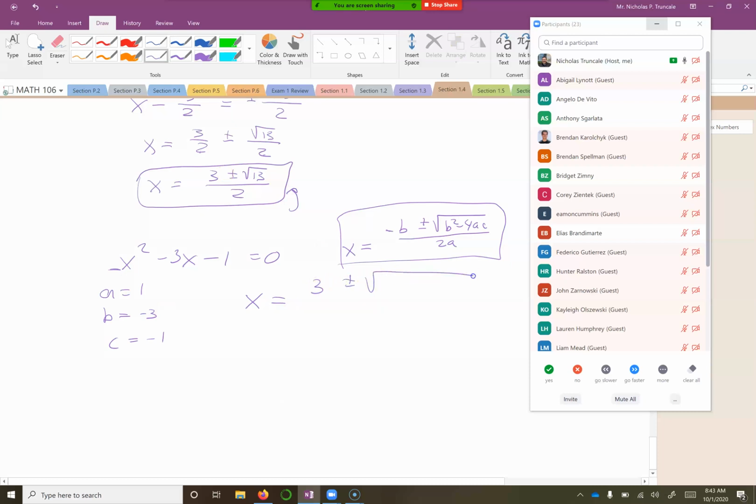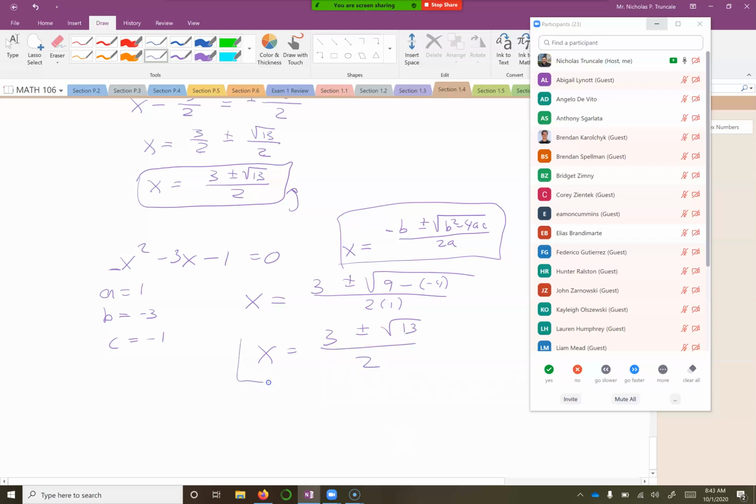Plus or minus the square root of b squared, well, I can automatically say that's going to be 9. Minus 4 times a times c. So 4 times a is 4 times 1 is 4, times -1 is -4. So 9 minus a -4, all over 2 times 1. So we get 3 plus or minus the square root of 13 over 2.